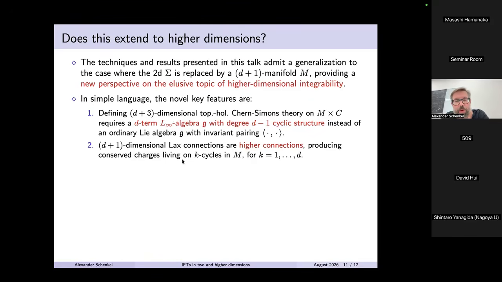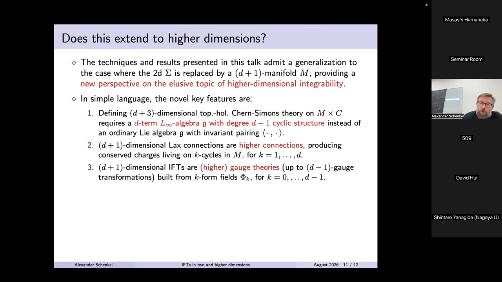And they produce conserved charges living not only on one-dimensional cycles, but on k-cycles of any dimension up to d. Again, the d appears here. Sanity check, d equals 1. So this would be along one-cycles, but already for 3-dimensional integrable field theories, you would have also something living on 2-cycles.